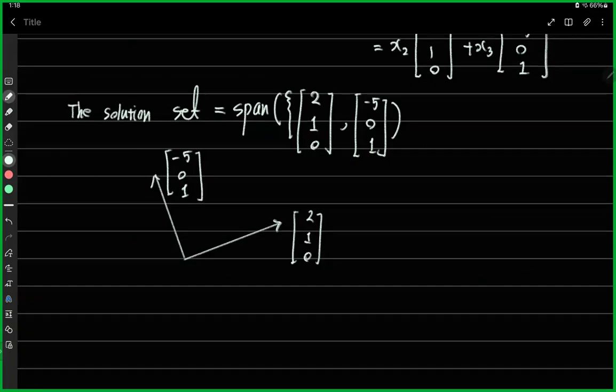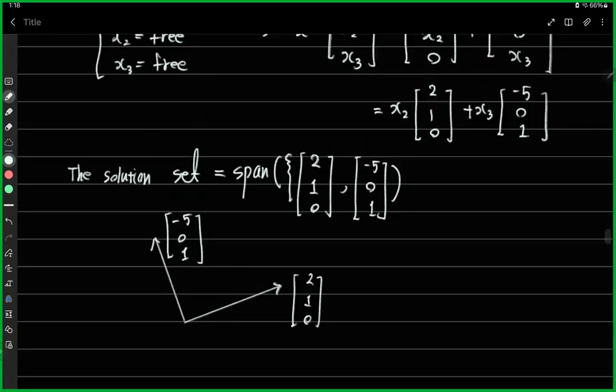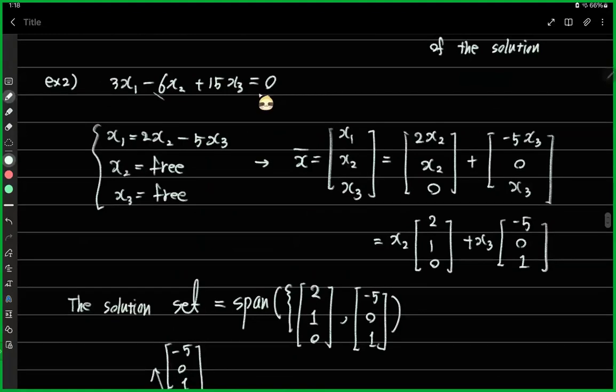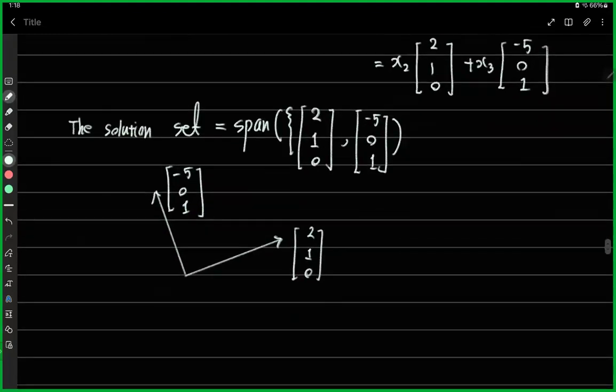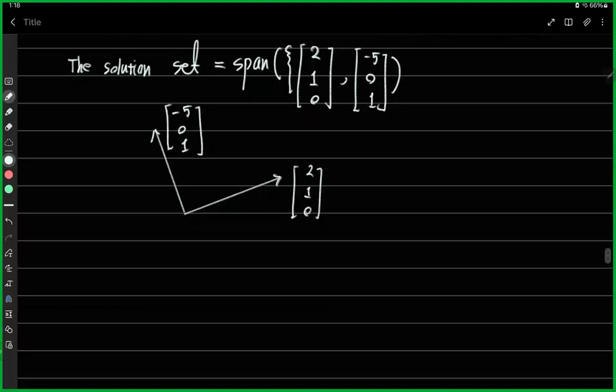Next one, see, this is also homogeneous, right? So what about non-homogeneous? Non-homogeneous solution is like this. Let me say this is example 3 in page 52. So non-homogeneous system.